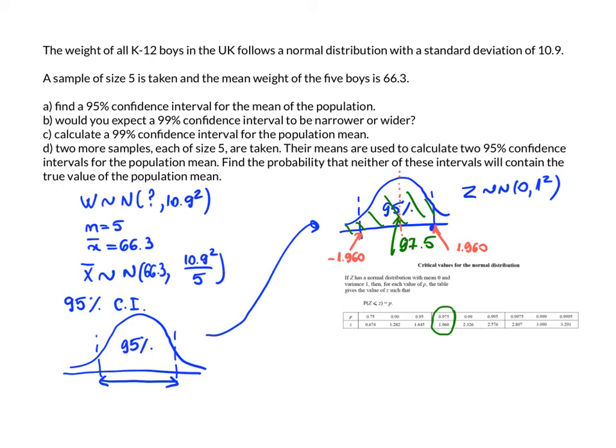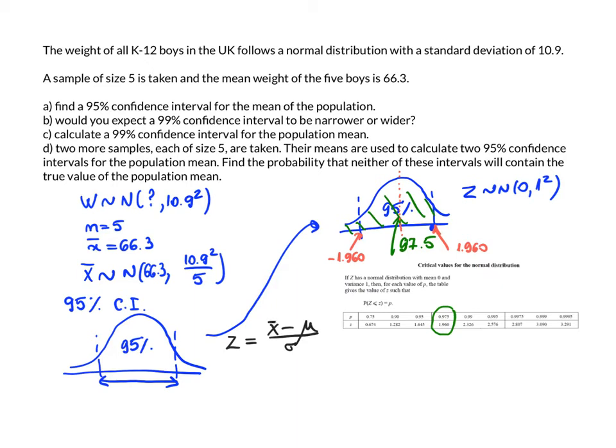So now I need to move these values onto my initial curve, and so I'll use the formula for moving from one curve to another. So z and x are related by z equals x minus mu over sigma. But don't forget that I have some notation. So sigma in my question is the standard deviation of the initial population. However, I need to move on this curve.